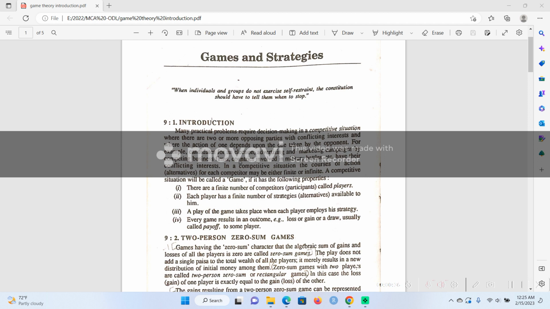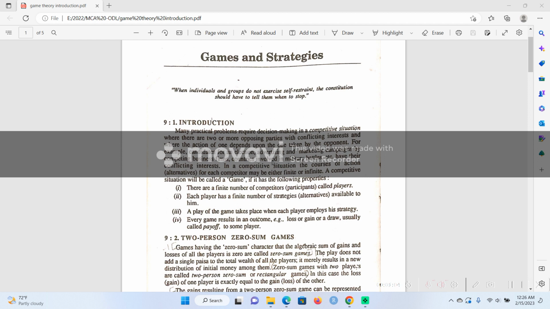So, for example, candidates for an election. In an election, a candidate is selected by one party first. Then, depending on that candidate's nature, popularity, wealth, and many other categories, the candidate for the next party will be selected.